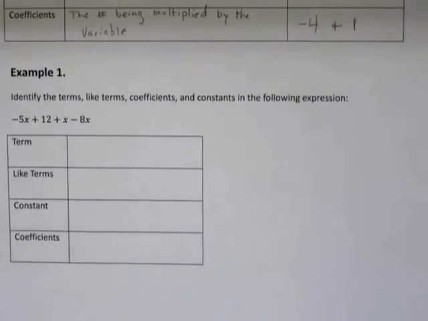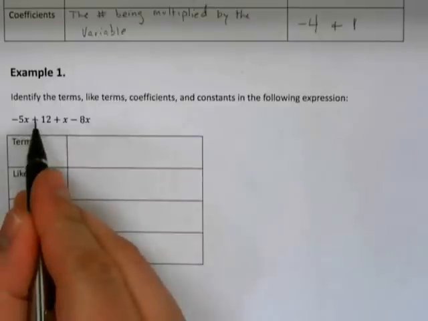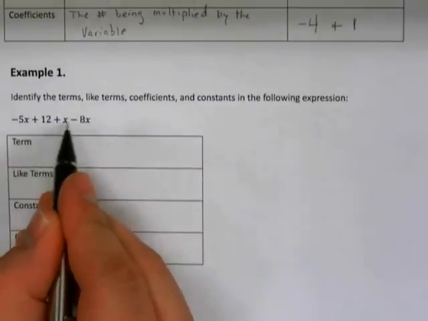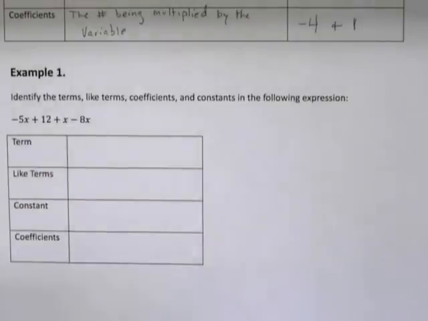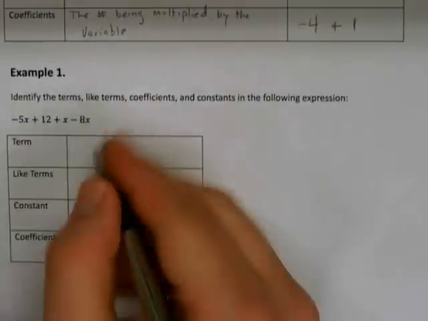Example 1 says, identify the terms, like terms, coefficients, and constants in the following expression. Our expression is negative 5x plus 12 plus x minus 8x. Before we get going, good practice is to reorder the terms so all the like terms are together. Like terms have the same variable to the same power.